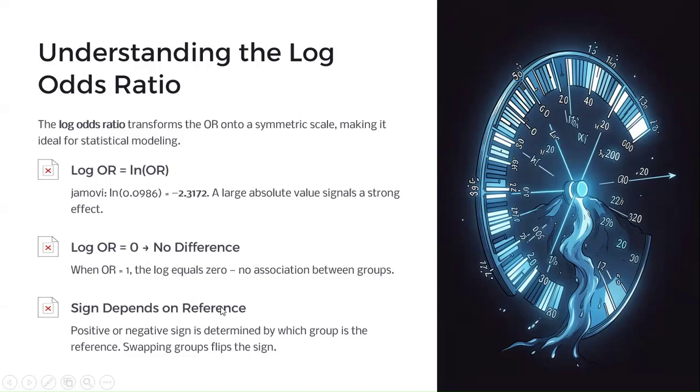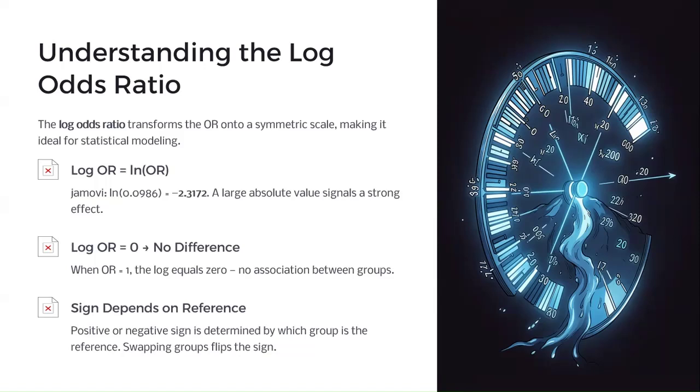The negative sign here means that, given the way Jamovi defined the reference group, that group has lower odds than the comparison group. If we swapped the reference group, the log OR would become positive. In practice, logistic regression models actually estimate log odds directly, which is why this measurement is important, even though we usually interpret results back on the odds or probability scale.